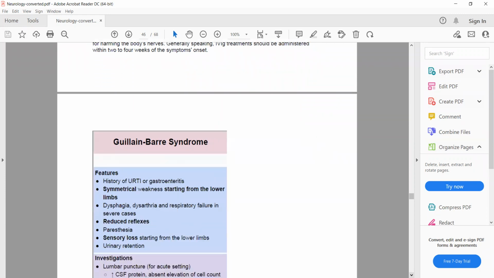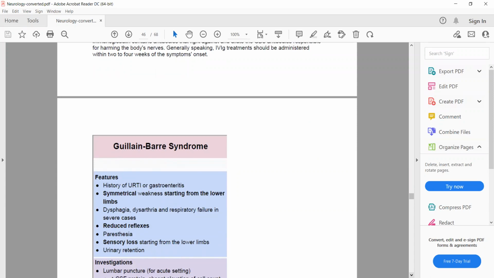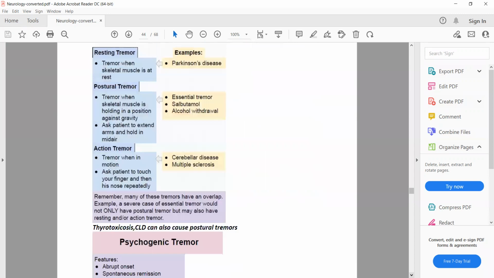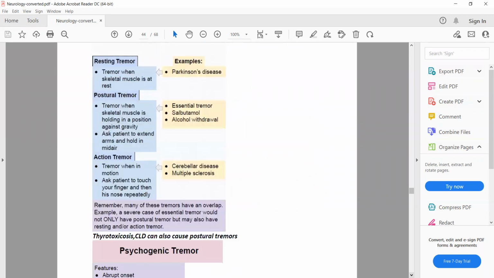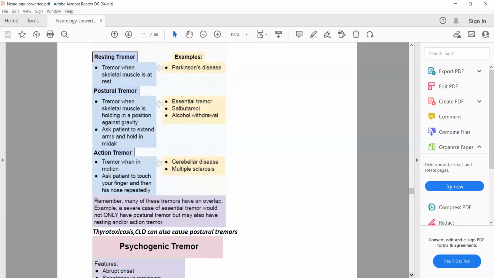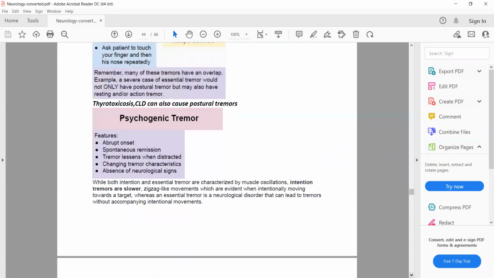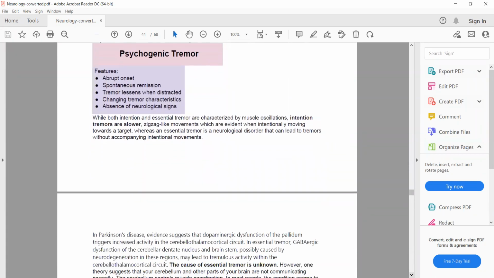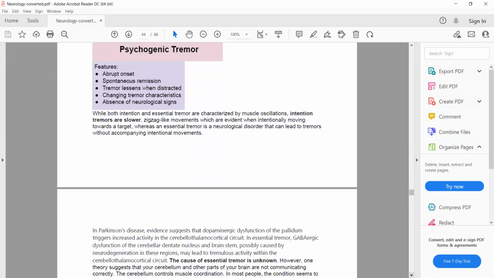Can I take the screenshot of that tremors, please? Yes, sure. And the psychogenic, please. You scroll it up. Thank you.